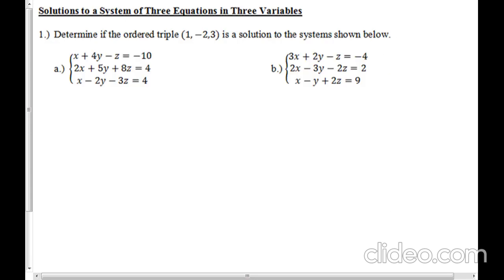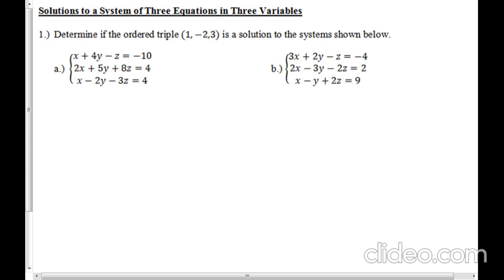So let's first just take a look at finding solutions. In problem number 1, it says to determine if the ordered triple, so the ordered triple is this expression we see here, we write it as we would an ordered pair, (1, -2, 3) is a solution to the system shown below.